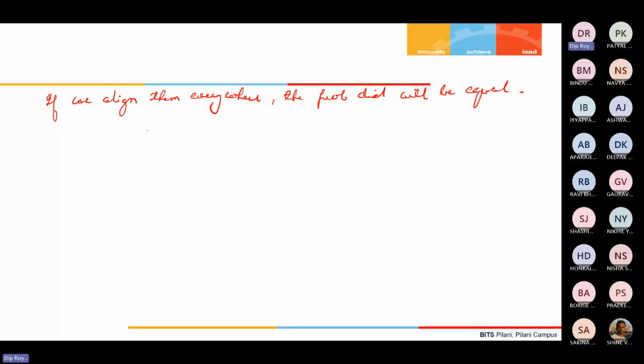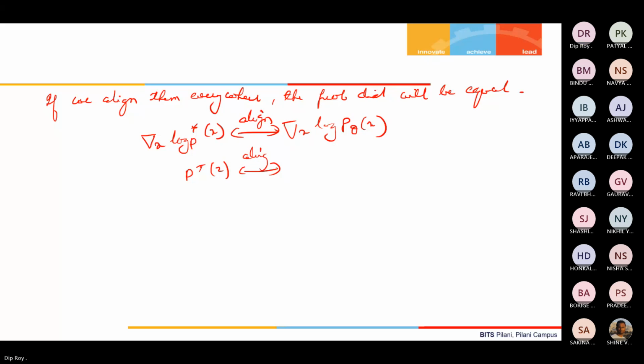Okay. It means that this is P. It means that P of this will align with this.